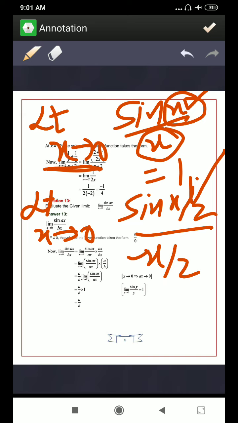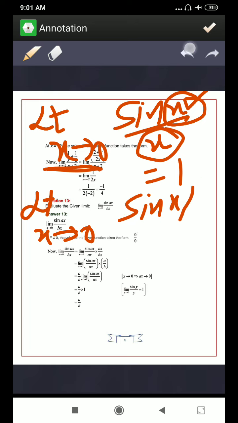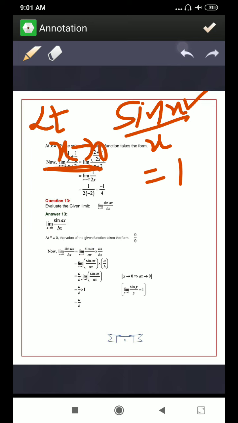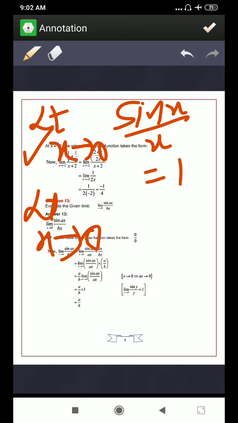Suppose in theta it is 3x by 2, in denominator you must have 3x by 2, then only it will be equal to 1. You have to take care of this. I modify this formula in some other form also: limit x tends to 0, sine x by x is 1, and you can also learn it as limit x tends to 0, sine ax by ax is also 1.